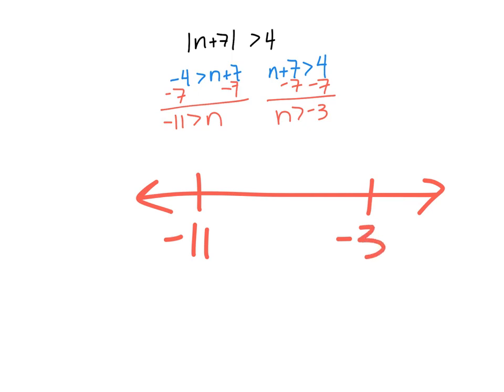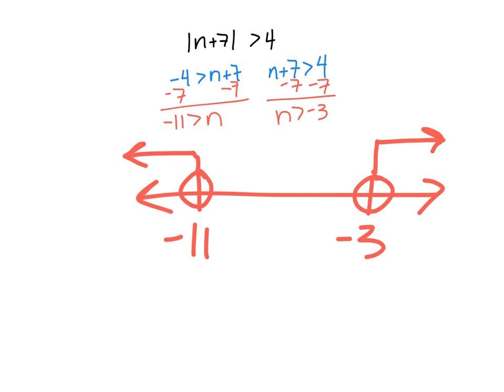Because we don't have a line under the inequalities, we know that they're open circles. I have the small part of the inequality by the n, so the n is smaller, so this goes this way. And on the other one, the n is by the bigger part, so I need the bigger numbers.